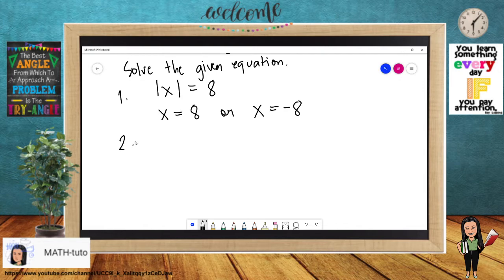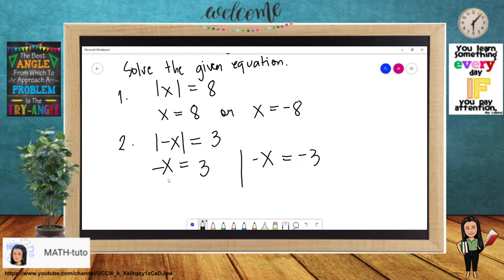Okay, let's try another one. Absolute value of negative x equal to 3. Okay, so this means that negative x can either be equal to 3 or negative x is equal to negative 3.